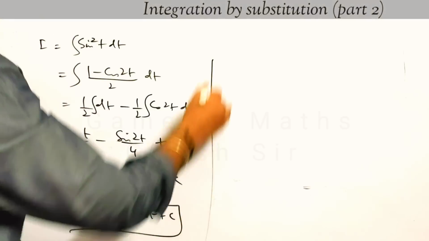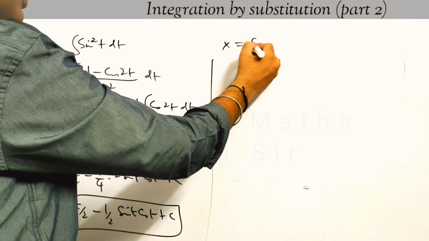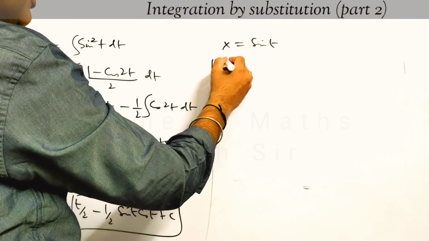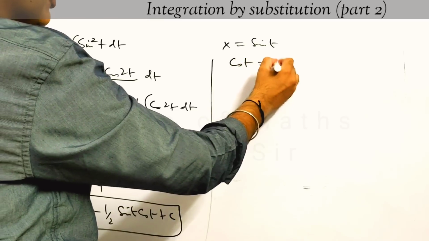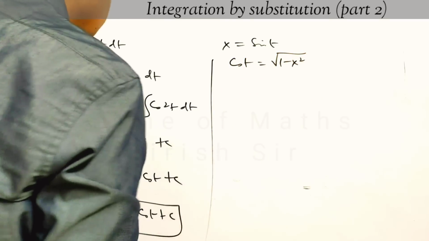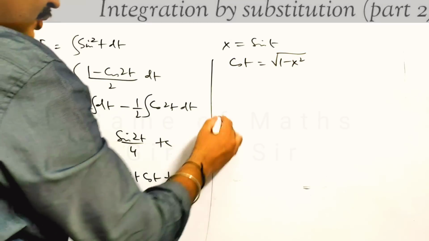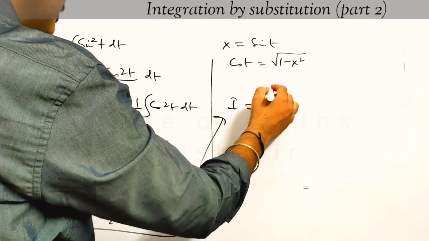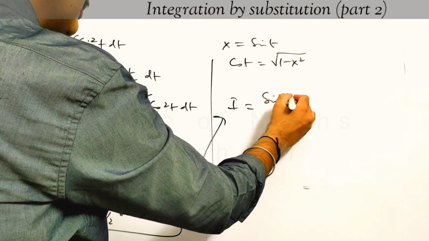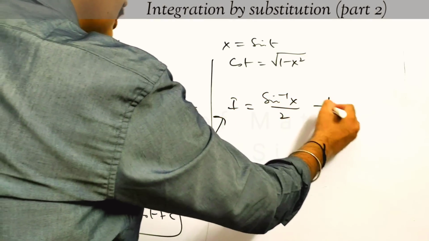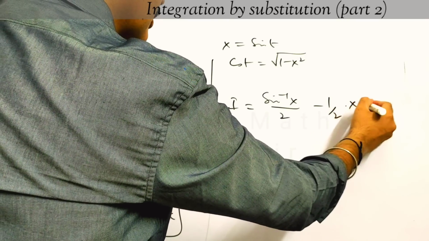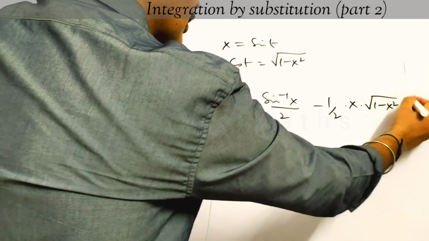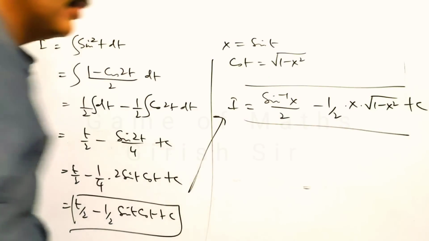Your original substitution was x equal to sine t, which means cosine t would be equal to root of 1 minus x square. Making these substitutions, your integral should now become sine inverse x divided by 2. Sine t is x and cosine t is root 1 minus x square. This should be the answer to the question.